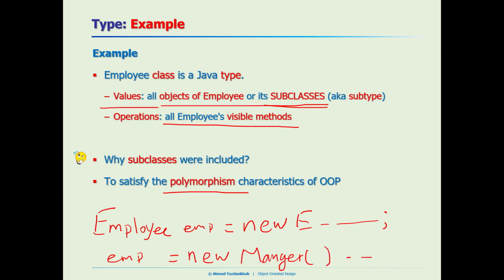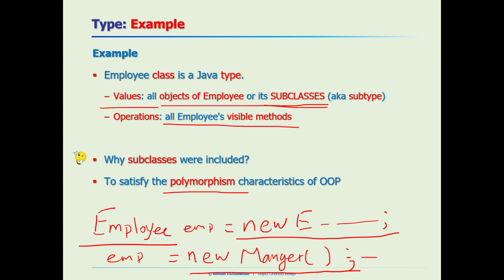Because of this polymorphic relationship we have, we would say all of the objects of the employees or the objects of its subclasses are considered as the values for this type.